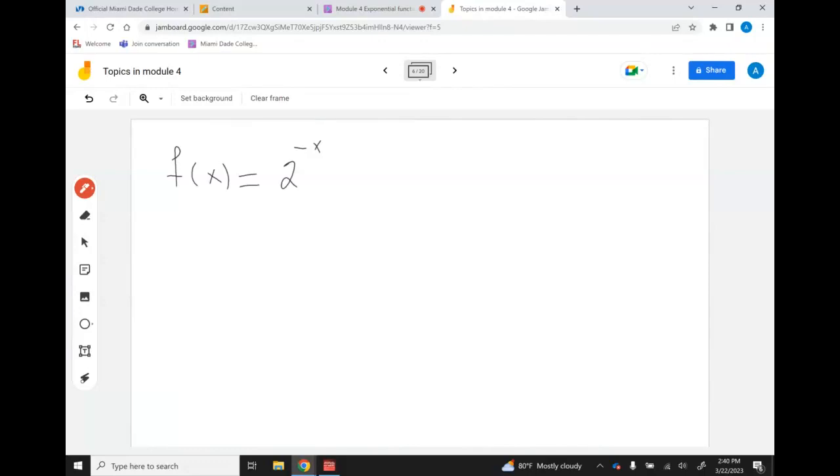So let's clean that up. Let's see what we do with that, right? So let's do this. I'm going to do some basic algebra here. Would you agree that this is the same? You see? I can multiply -1 times this x, and I will get back 2 to the negative x, okay?